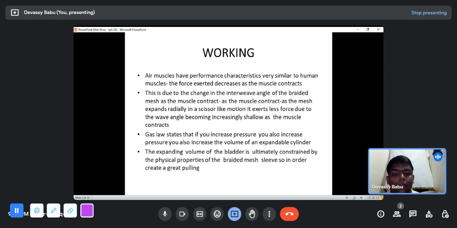As these muscles contract, the mesh expands radially in a scissor-like motion. It exerts less force because the weave angle becomes incredibly shallow as the muscle contracts.